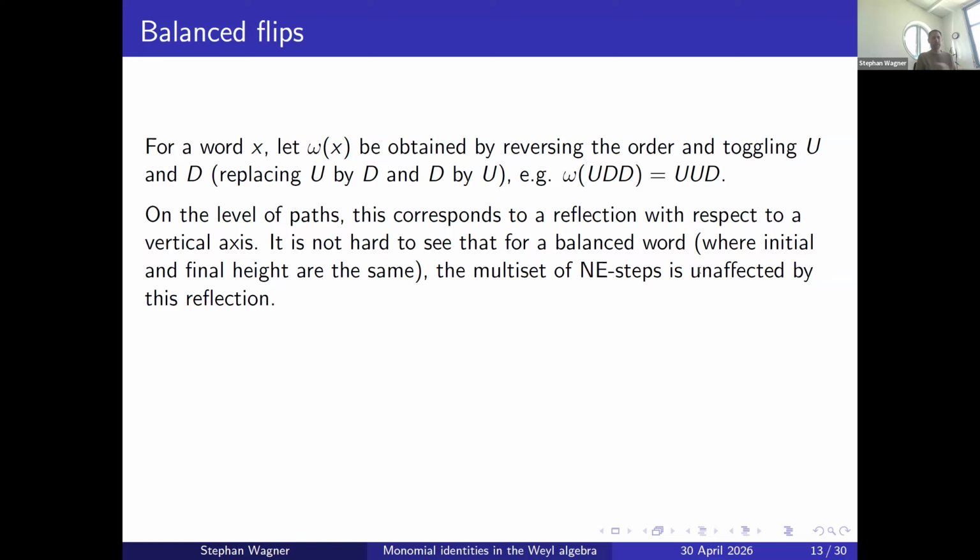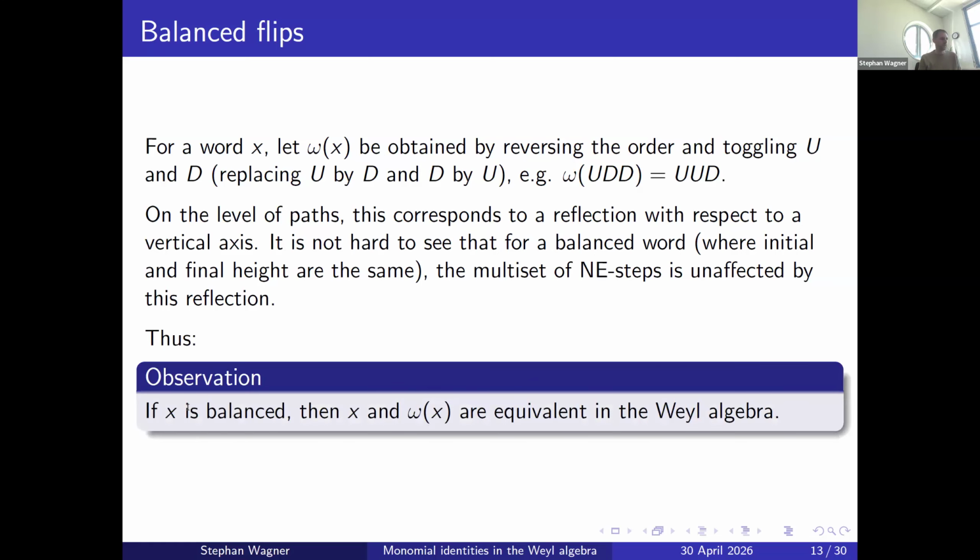The number of up steps and the number of down steps on every level stays the same. And this means that when you do this balanced flip, this multiset stays the same, but we actually saw that this multiset characterizes what happens when you apply a word as an operator to x to the s.